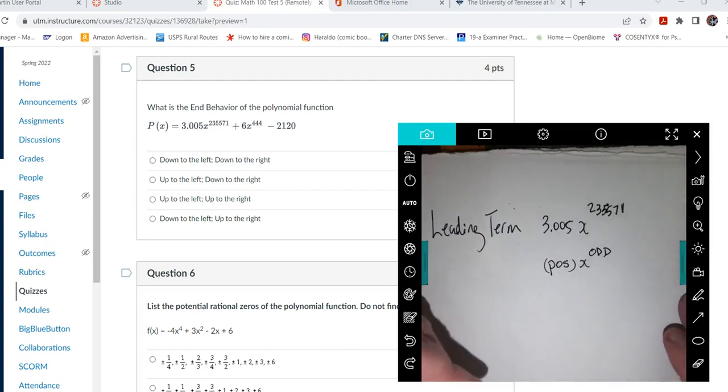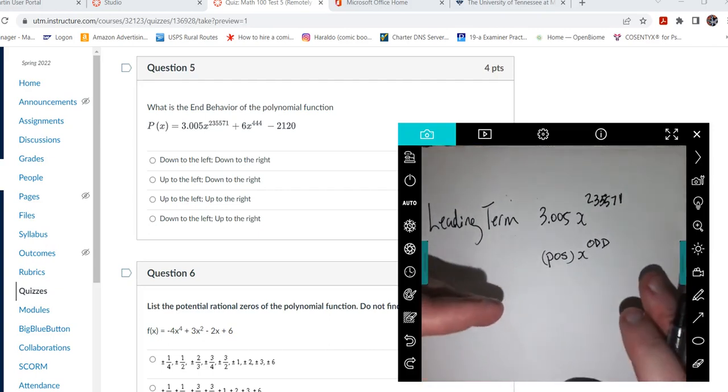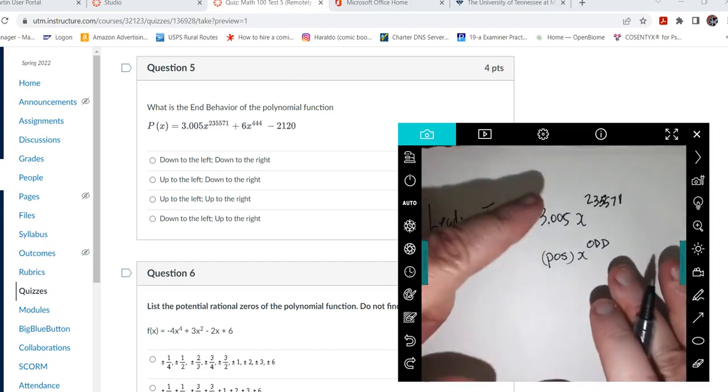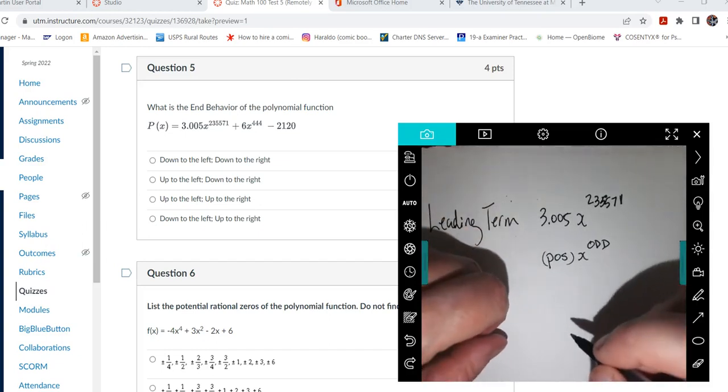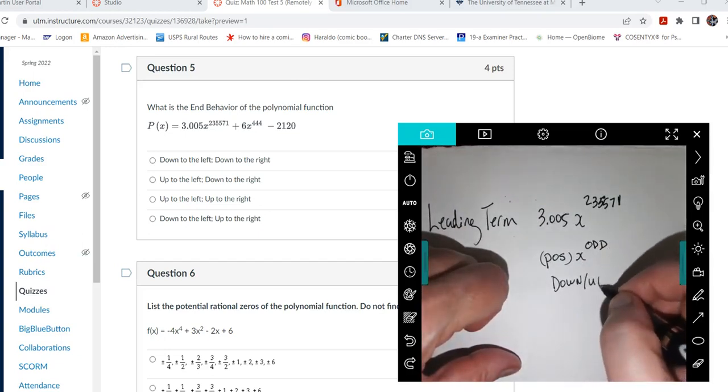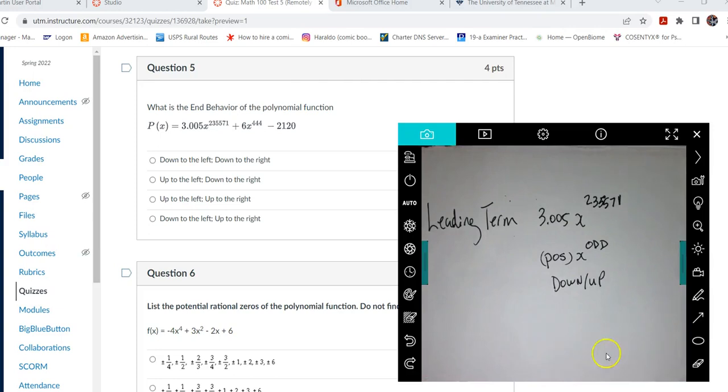And there was a chart, and there's 4 different things that the leading term could be. And when your leading term is a positive number times x to an odd power, the end behavior is going to be down up. We want that one.